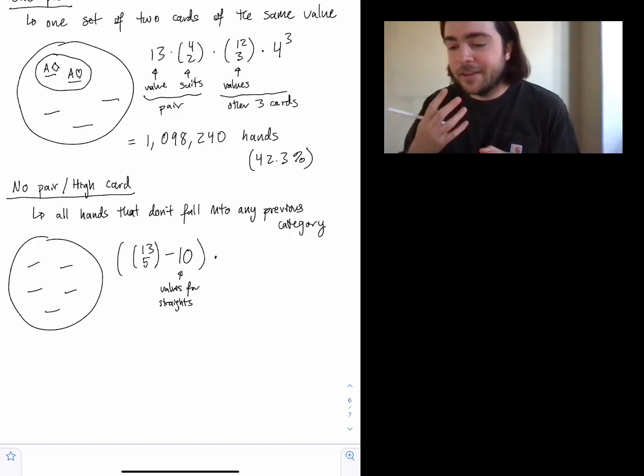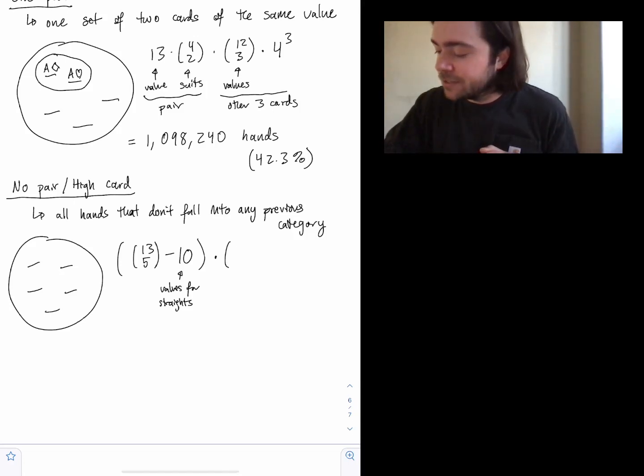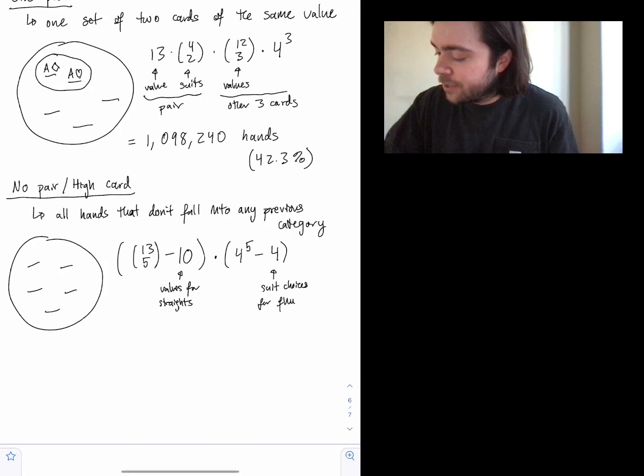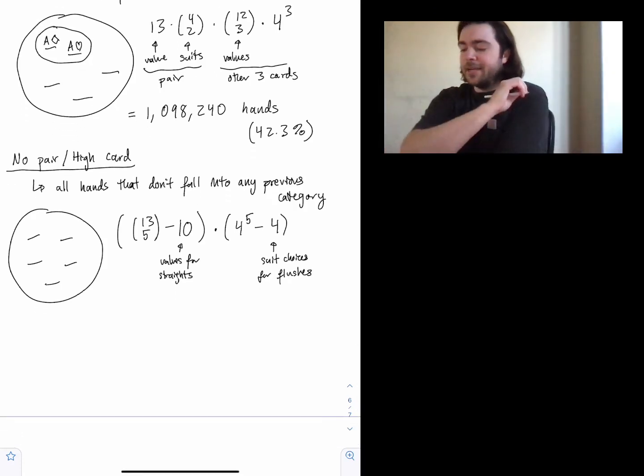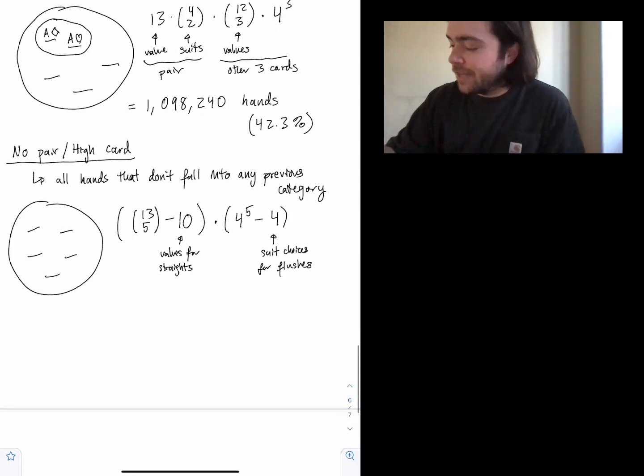Besides those 4 options where they're all the same suit, I'm free to choose the suits however I want. So that's 4 to the 5th, 4 options for each card, minus the 4 suit choices for flushes. I want to avoid all those. And this is it. That's how many hands don't fall into any of the above categories.